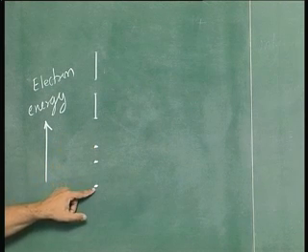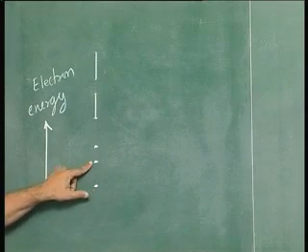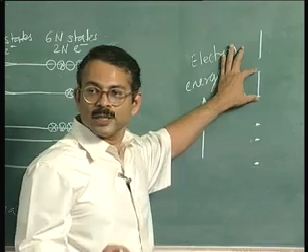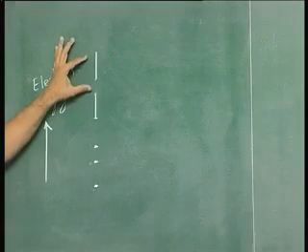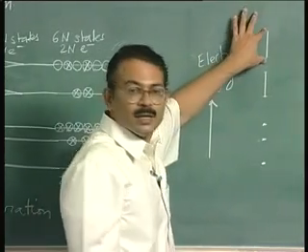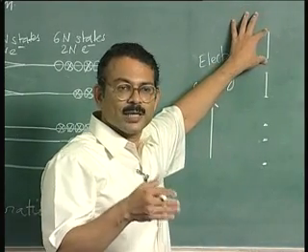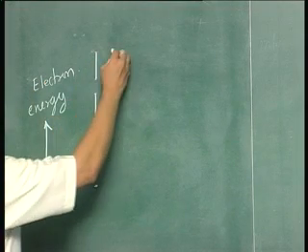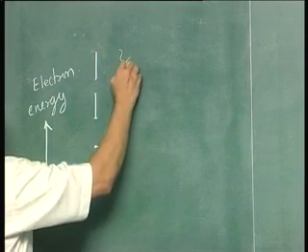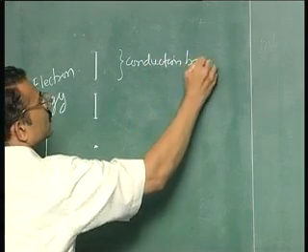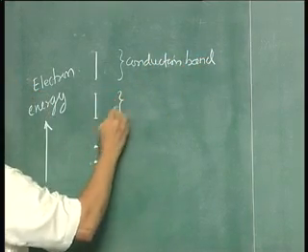So this point corresponds to 1s, this to 2s, this is 2p, this is the band corresponding to 3s and 3p, which are merged and again separated, and this is also the band corresponding to 3s and 3p, which are merged and separated. So this is the conduction band. This is the valence band.